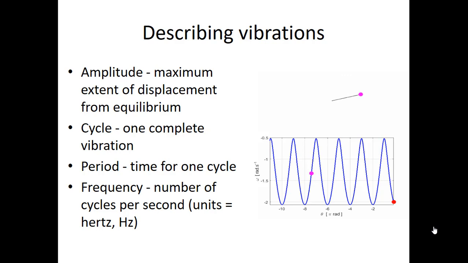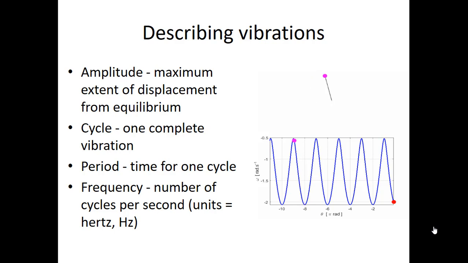That's a cycle. The period is the time it takes to complete one cycle. So like on an hour hand of a clock, the period is how long it takes to get around, which would be 60 minutes. The second hand has a period of 60 seconds, and the hour hand has a period of 12 hours. That's the time it takes to complete one cycle.